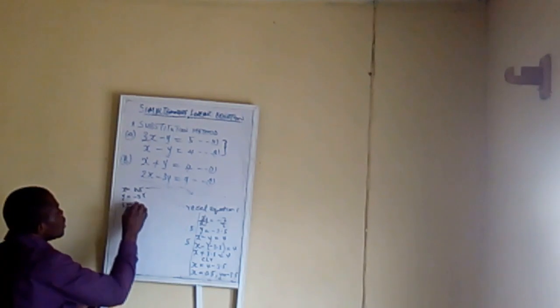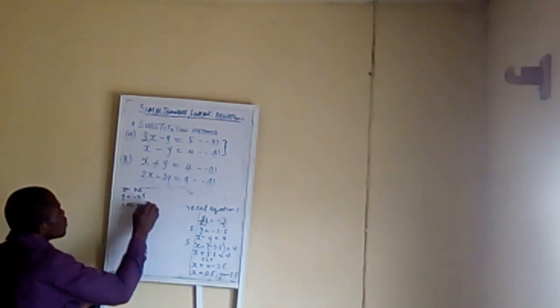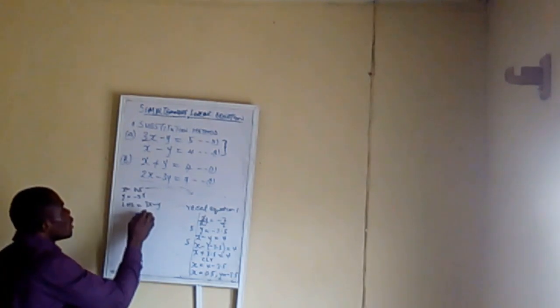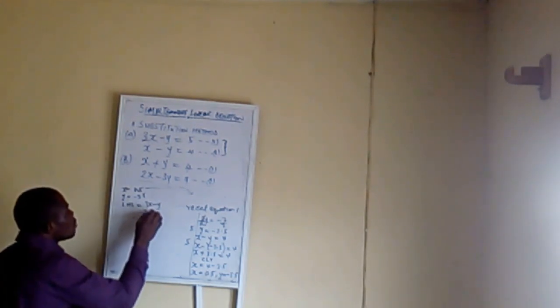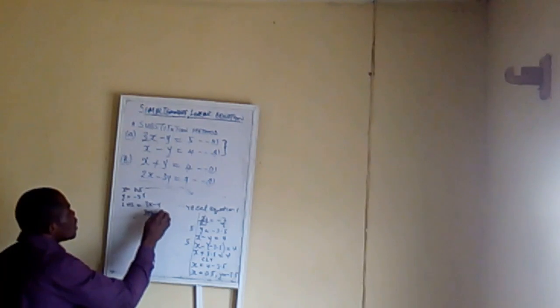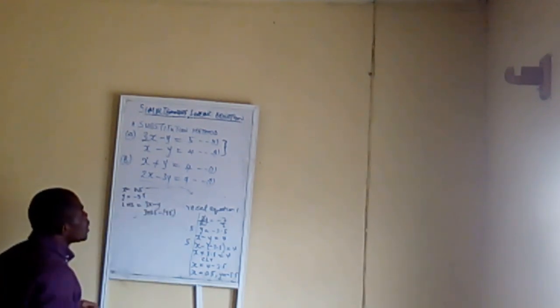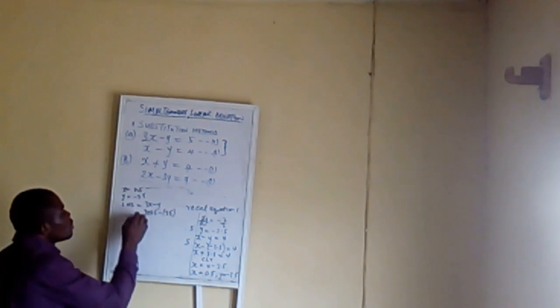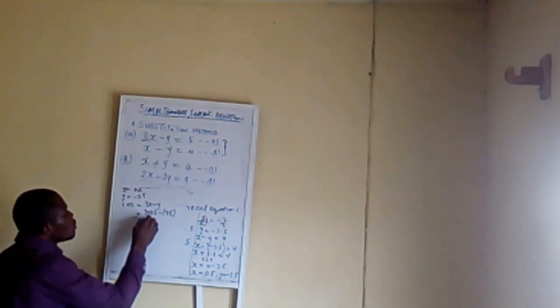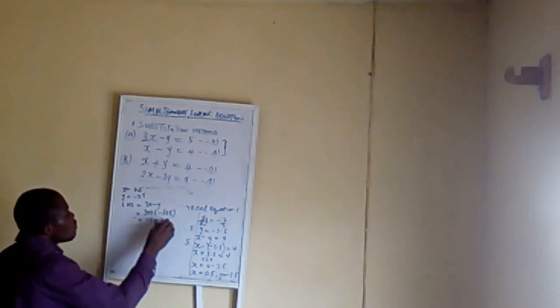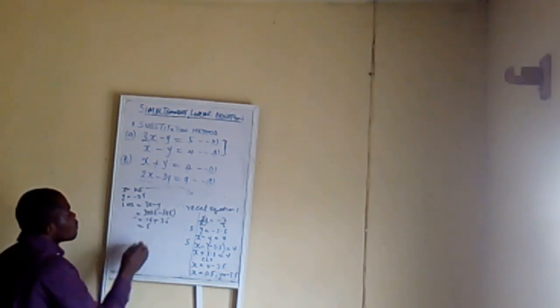The left hand side here is 3x minus y of the first equation. So 3 times 0.5 minus minus 3.5. 3 times 0.5 will give us 1.5, minus times minus will be plus 3.5. So 1.5 plus 3.5 will give us 5.